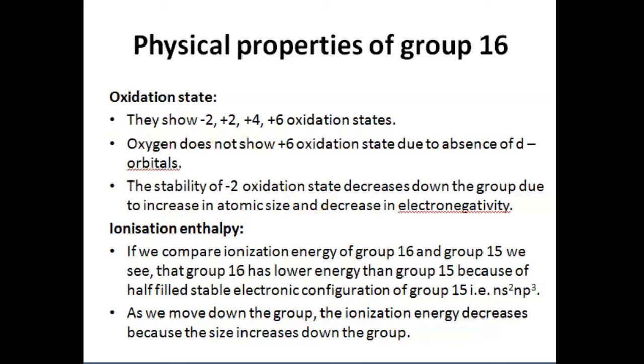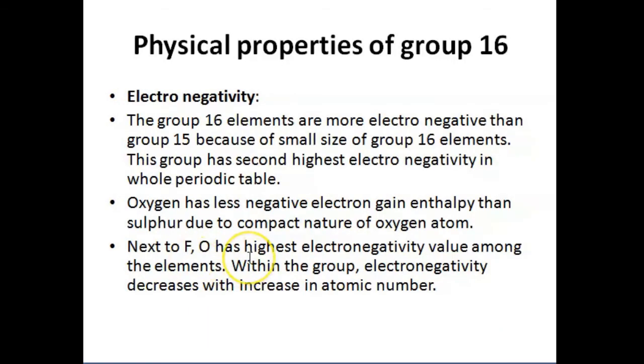Next, electronegativity: group 16 elements are more electronegative than group 15 elements because of their small size. This group has the second highest electronegative element in the whole periodic table. Oxygen has a less negative electron gain enthalpy than sulfur because of the compact nature of the oxygen atom.